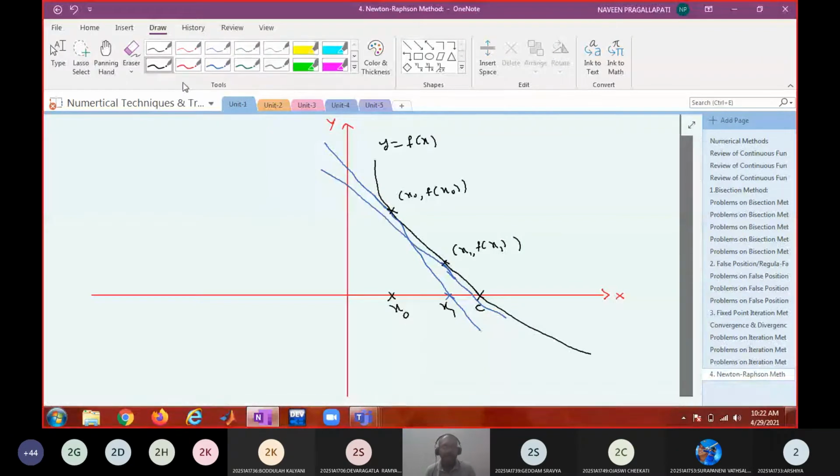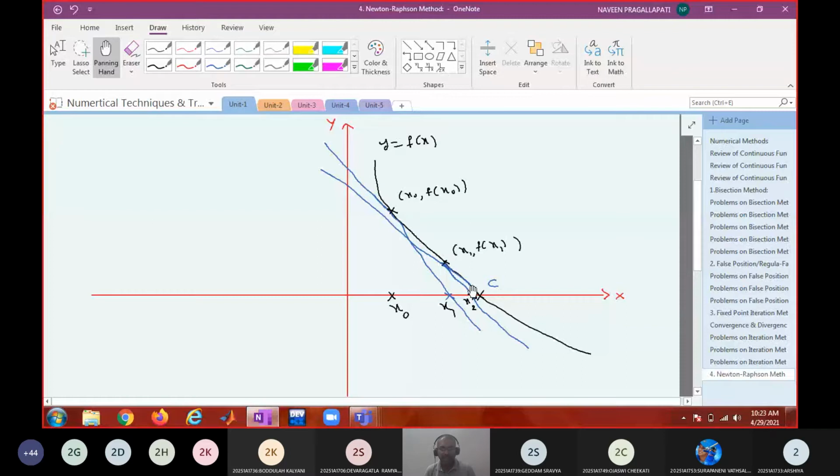So this is x2, and so on. As you increase the number of iterations, the sequence of approximations will converge to the actual root. So this is x0, x1, x2.